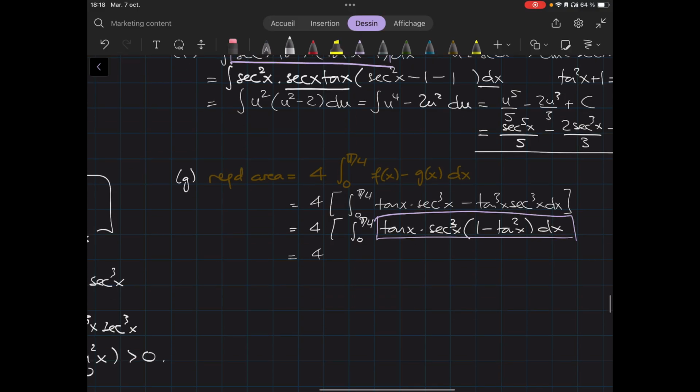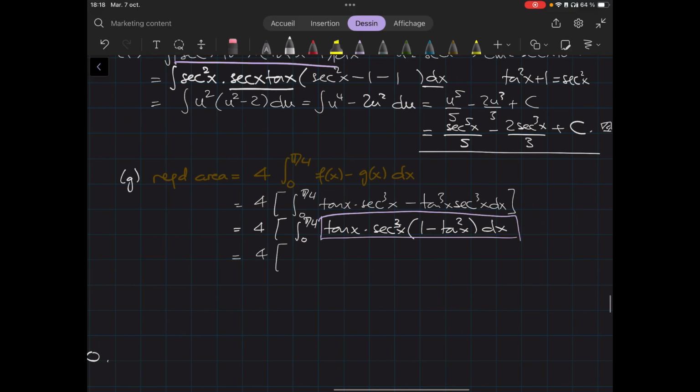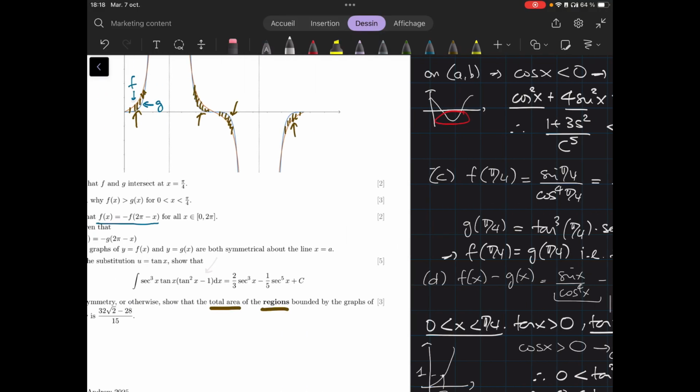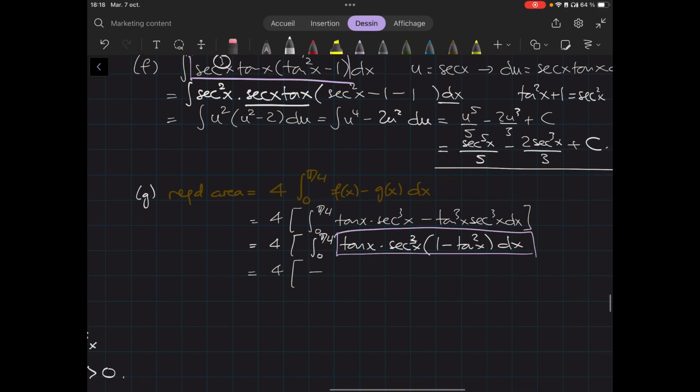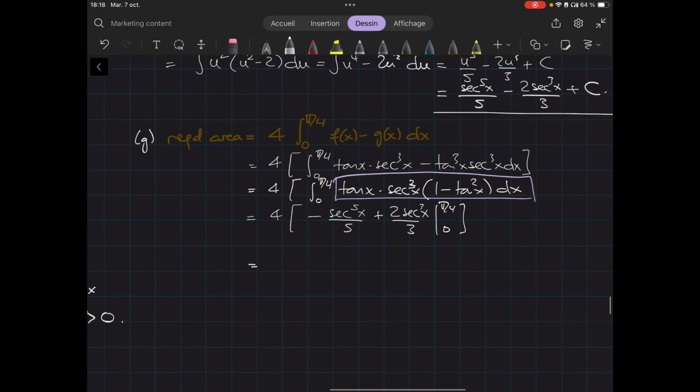So all you have to do is use the results that we have established here. This is actually a negative of the answer you have in part F. So we would get minus secant to the 5 x divided by 5 plus 2 secant cubed divided by 3. Plug in the upper bound and the lower bound.